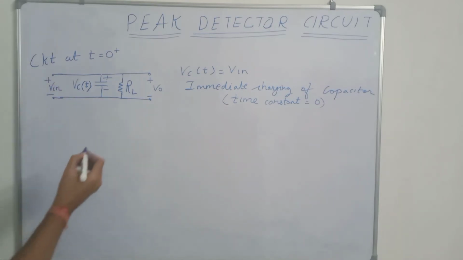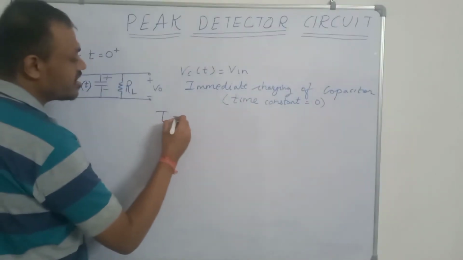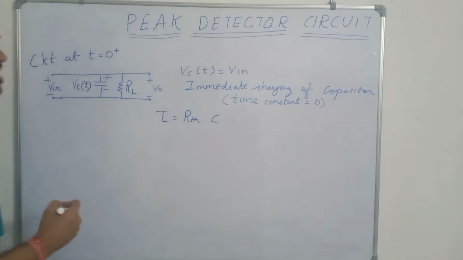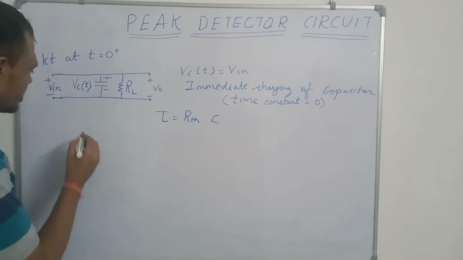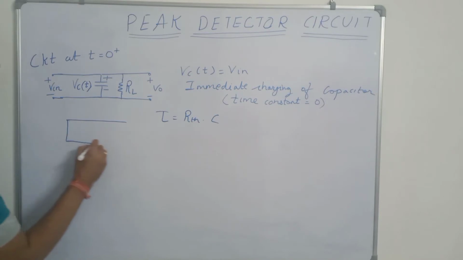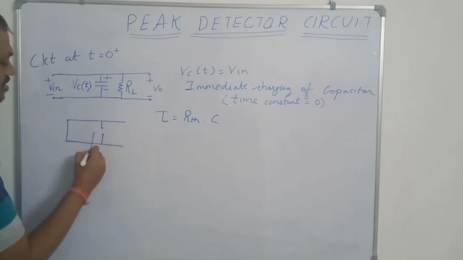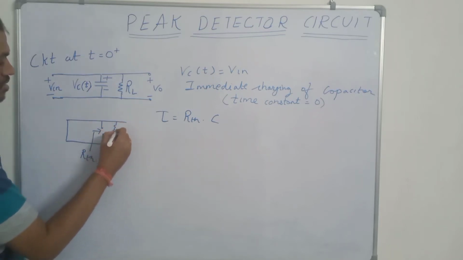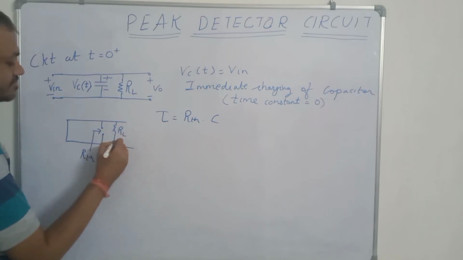The time constant is given by tau equal to RTh into C, where RTh is the Thevenin resistance and C is the capacitor. To find the Thevenin resistance, we have to short the input voltage source. So we have shorted the input voltage source, and the capacitor is open, and this is RL.